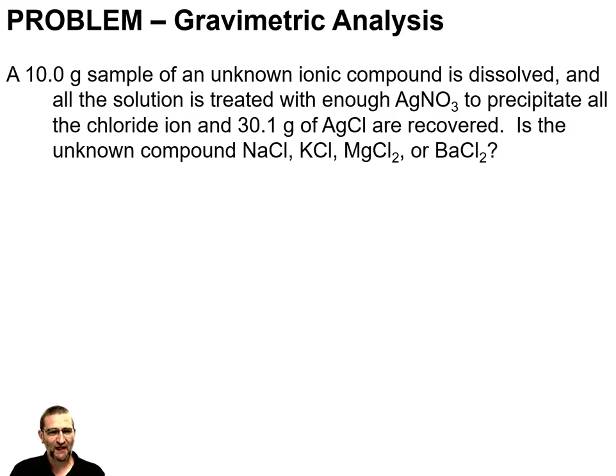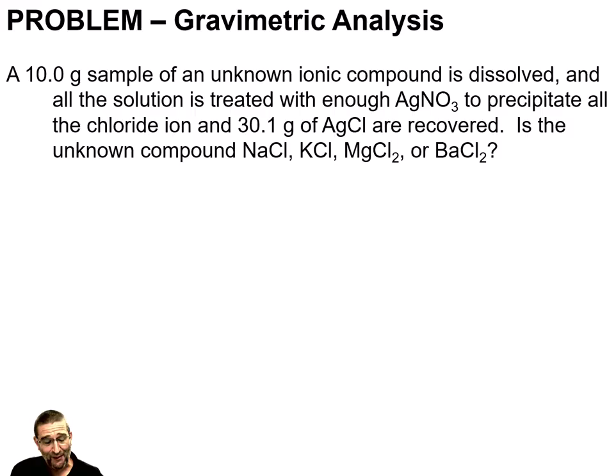If you were stuck, here's where we can break it down just a little bit for you if you're kind of overwhelmed. There are two different phases that we have to think about in this problem. One thing we need to do is decide how much of the chloride ion we have. If we know how much of the chloride ion we have, we also know the mass of the original sample that was chlorine.